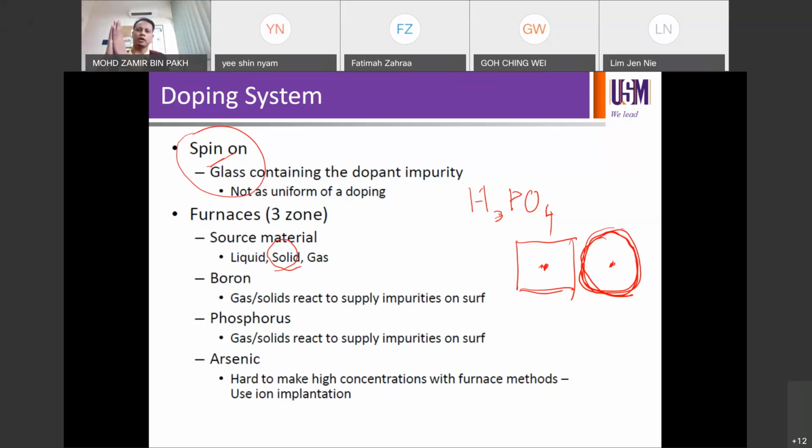You can arrange your wafers vertically in your quartz boat, and place your precursor material in the front. So in your quartz boat you have batches of wafers, for example 25 wafers, and in the front you have your solid source dopant.